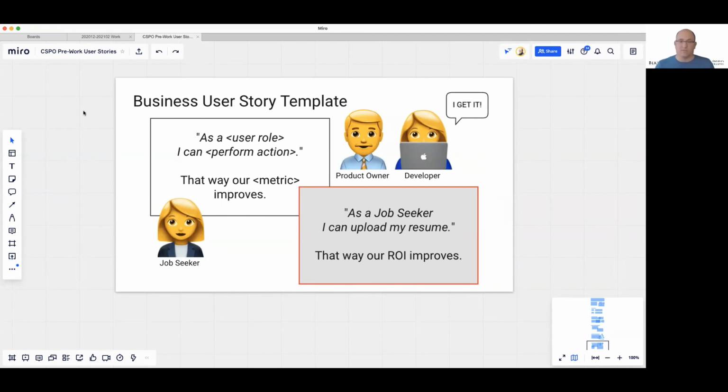Now we switch to the product owner speaking, and we say, that way our ROI improves. In other words, we talk about a business metric. Because when we are talking to our development team, the developers are going to be able to make trade-off decisions that are appropriate for the business, not just appropriate for the users. Now, this can be very powerful, and it takes a little bit of practice to get used to.